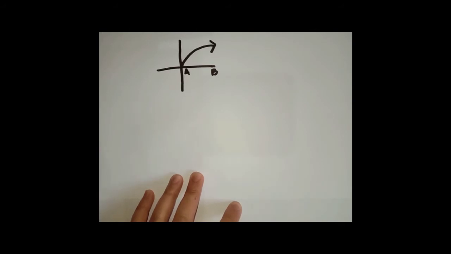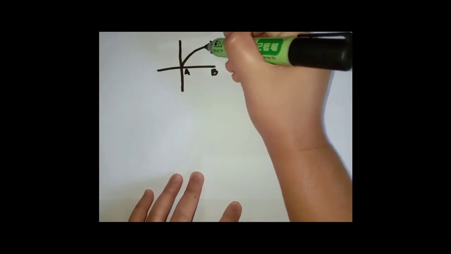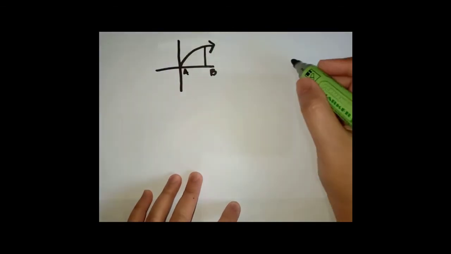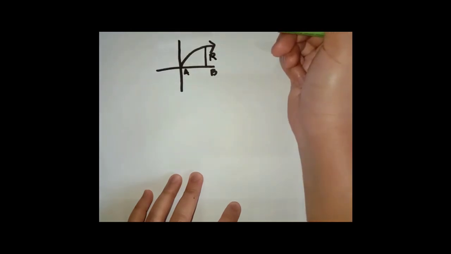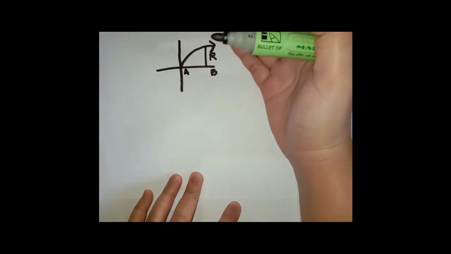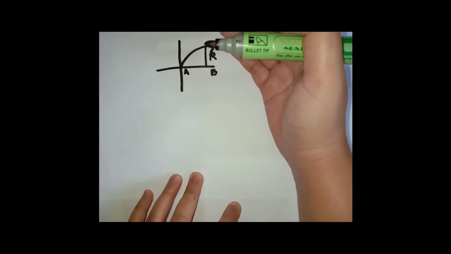This method works by taking a cross-section area. This is going to be our radius. If we take the cross-section area, we can turn it into a disk.